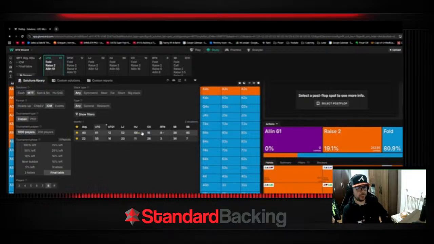So that's quite interesting. We can see this situation now where, for example, we have a mega chip leader and we have three blinds. In this scenario, we think: does the UTG with 55 have all-ins because this guy has three big blinds, or is it only raising small?